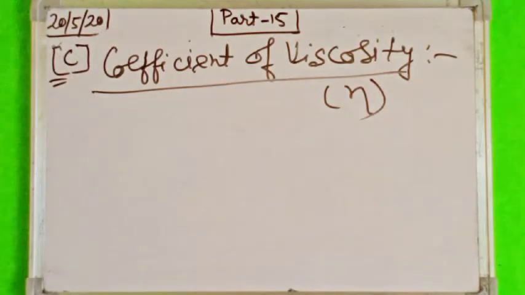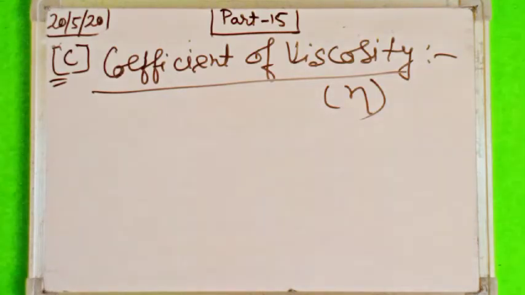This thing we will study in fluid mechanics, and coefficient of viscosity is calculated for fluids, any fluid like air, water, and so on. It is just like friction in fluid.